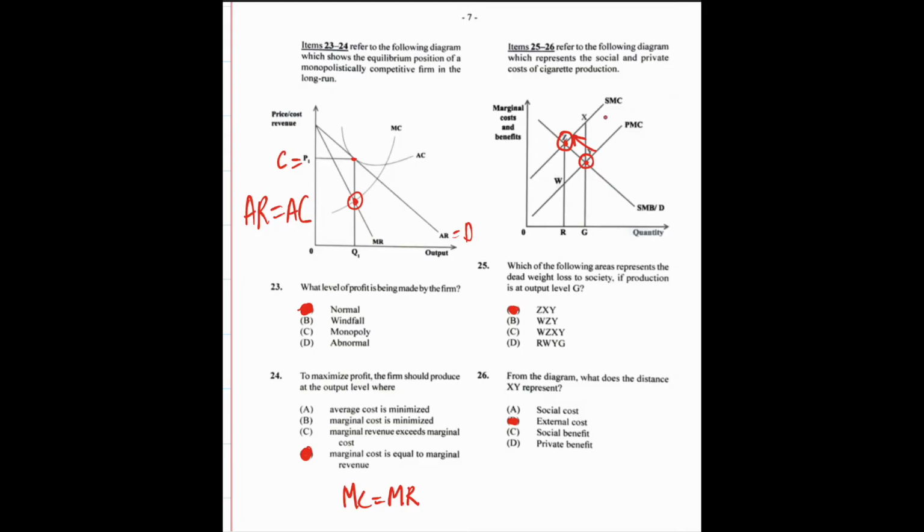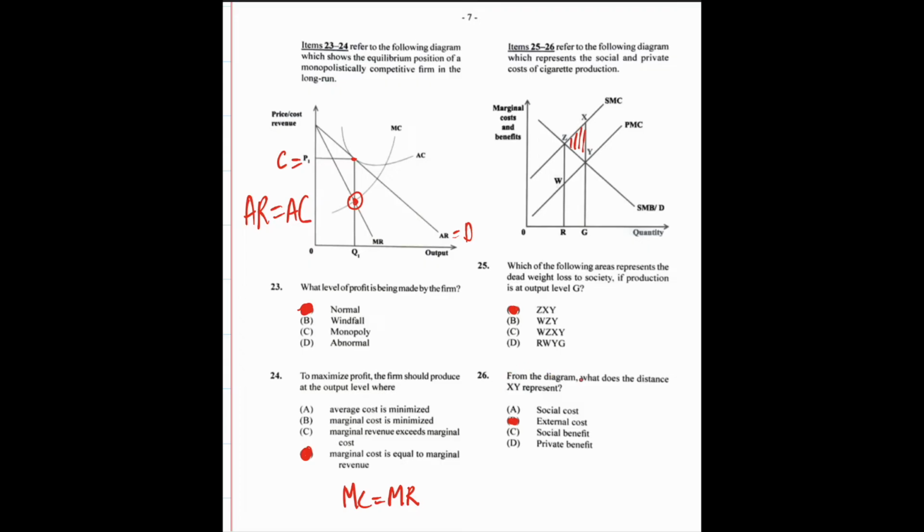And you find that this is what we call an external cost. This distance right here between the PMC and the SMC is external cost. And this excess of an external cost is actually causing the deadweight loss, which is represented in this little area right here, which we call ZXY, which is A.